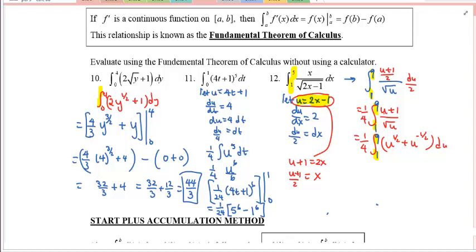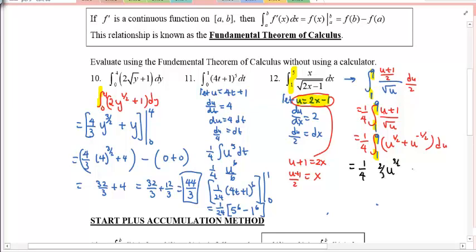Alright, so let's take a look at this now. Anti-differentiate to get the antiderivative: u to the 3/2 times 2/3, plus u to the 1/2 with a 2. Evaluate all of this from 1 to 9. Let's see what we get. 9 to the 3/2 is 27, so that's 2/3 times 27.